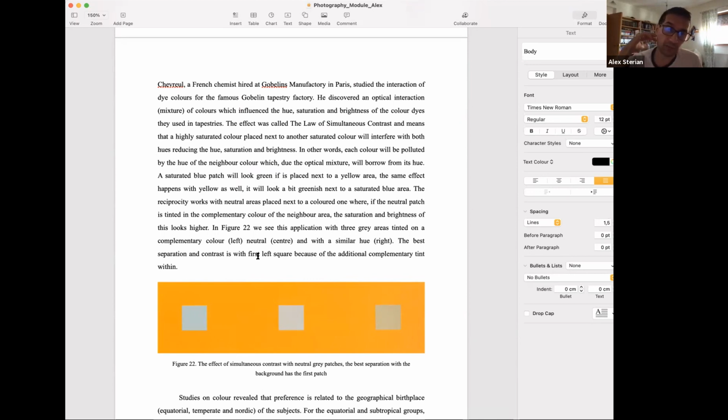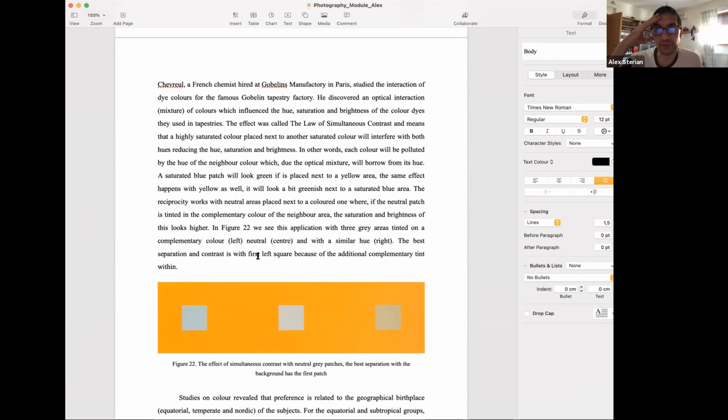And in the 19th century, Michel Chevreul, a French chemist who worked at the Gobelin factory in Paris, the one that had been making the small Gobelins, was studying the interaction of colors and how they are better underlined or not, depending on the surroundings.